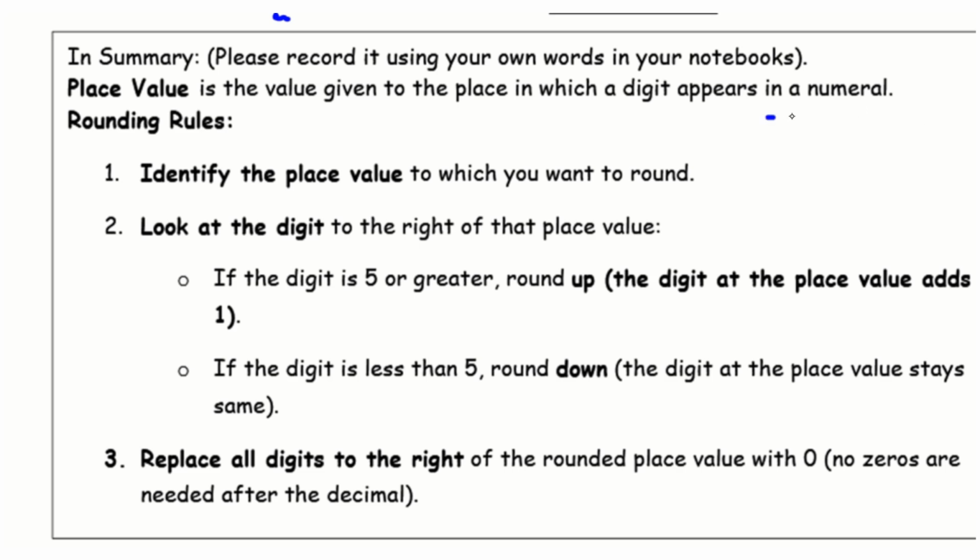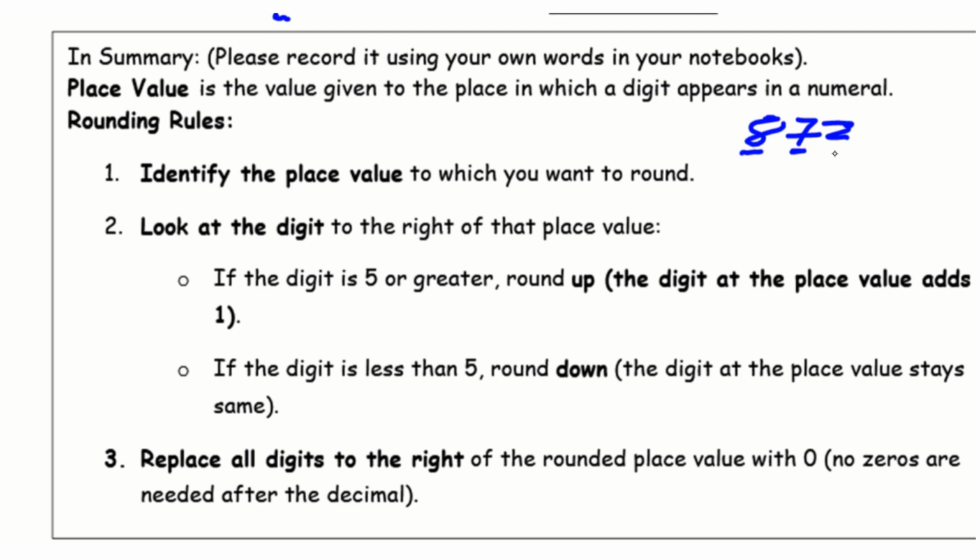For example, we have 872, then the place value at 7 is tens, and 8 is hundreds. The rounding rules: identify the place value to which you want to round. So you need to know the place value names, hundreds, tens, and look at the digit to the right of the place value.